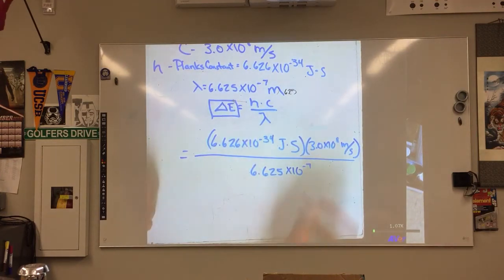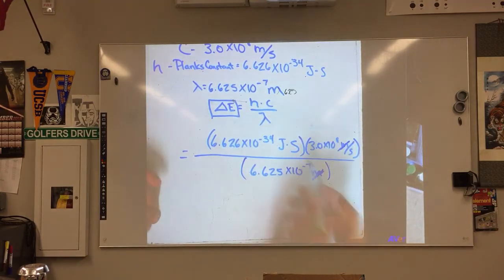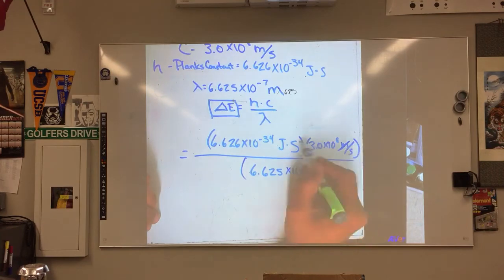So when we look at this, meters are on top of this fraction bar, and they're on the bottom, so they will go away. We look over here, we have joules. There are joules nowhere else in this problem, but we do have times seconds. We go over the top and then down, that is cross-canceling, so we can cancel out seconds.